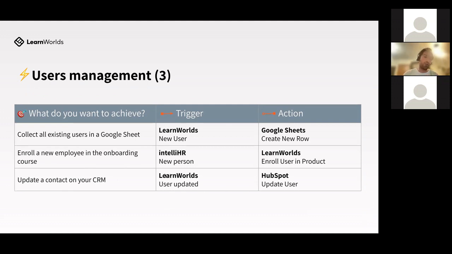This is why we have a trigger inside LearnWorlds which is called user updated. So when a user is updated, something is changing, they are changing the telephone or their email or something. But of course, you don't want to have a mess in your CRM like HubSpot. So then HubSpot, update user, with 3 clicks. You understand how much time you save.